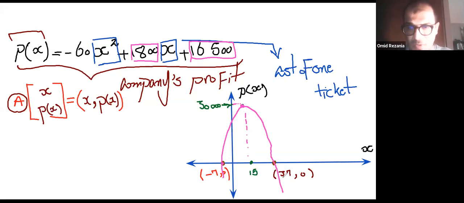First of all, you will see that we intersect the x-axis at one point, which is -7. Look at this.